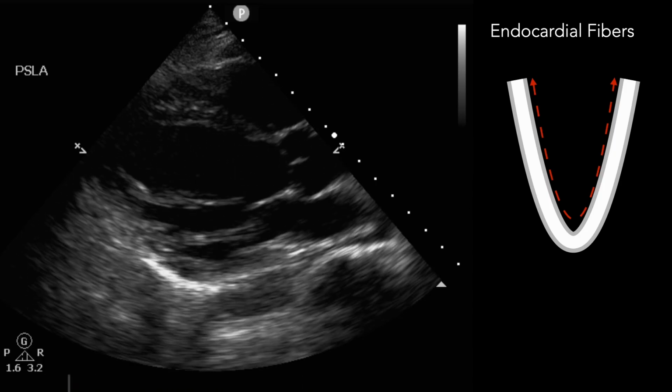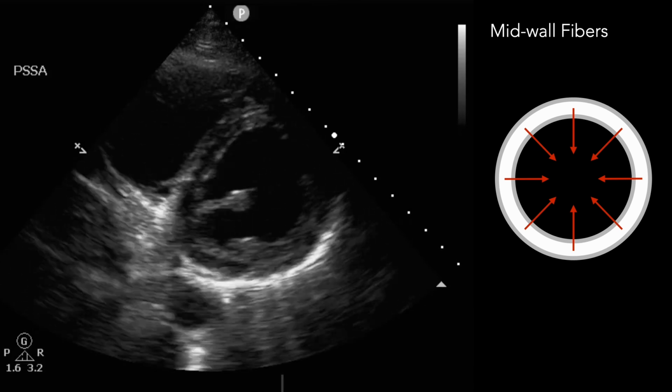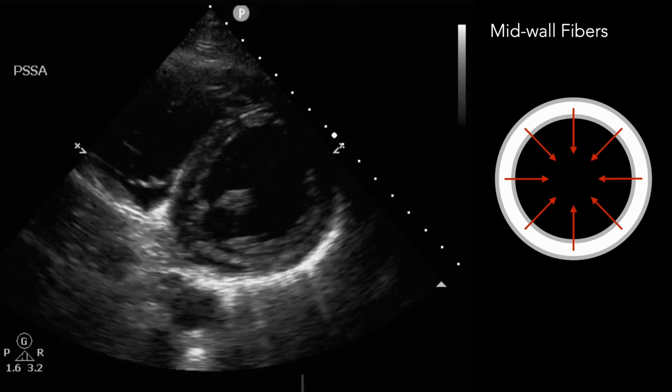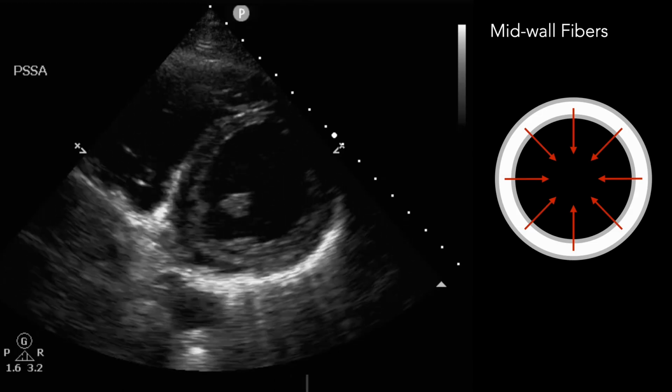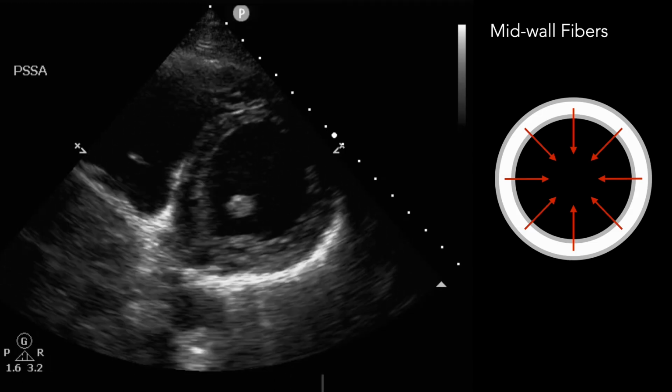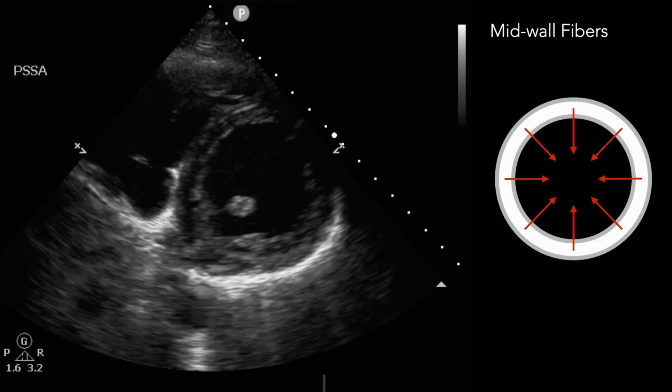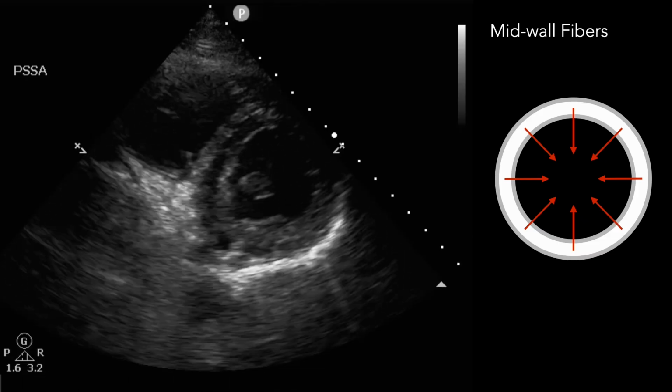Contrast that with the middle layer. The mid-wall fibers tend to have a radial orientation. They are oriented around the circumference of this ventricle. And so when they contract, a lot of the contraction of the ventricle is towards the center.